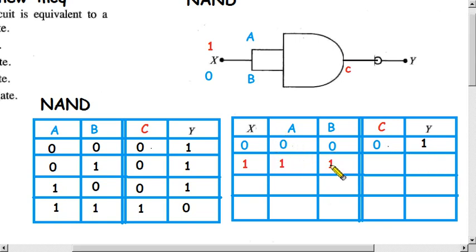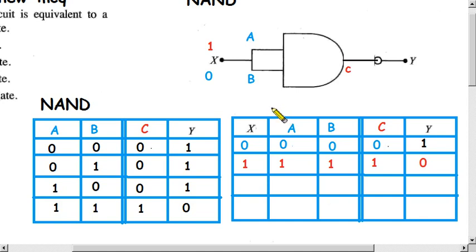Then if A is 1 and B is 1, what happens? Then C becomes 1, Y becomes 0. So this is the final result.